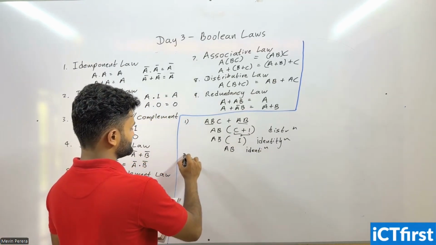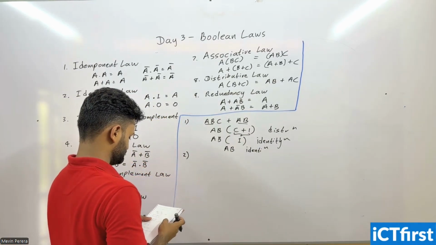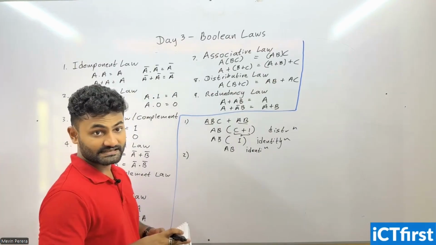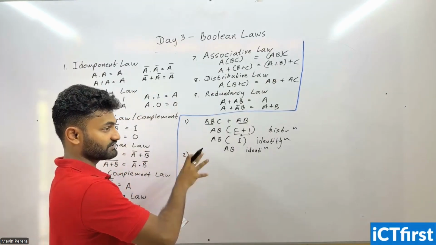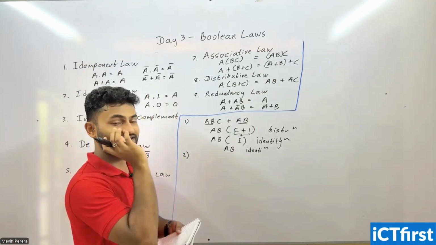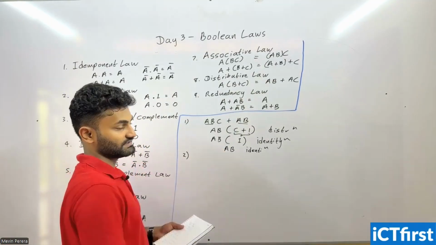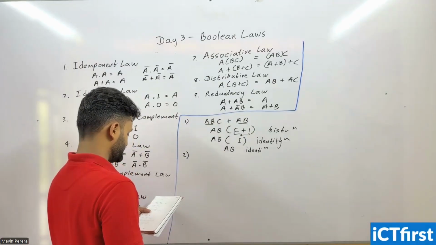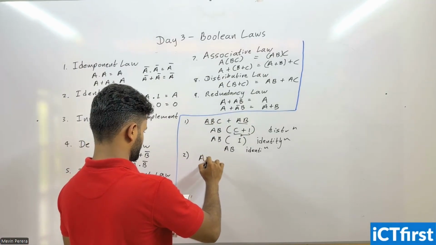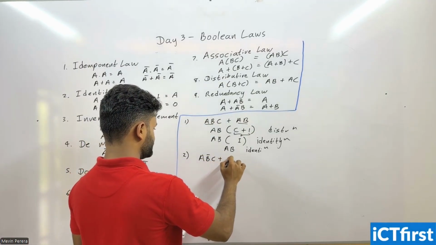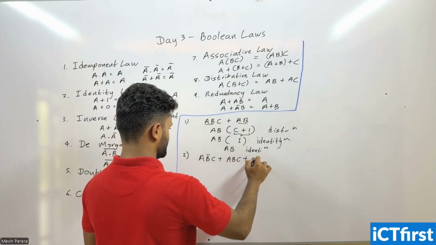Okay, then the second one. Check whether your answer is correct. As I said, write the question down and then pause the video, do the question, and check whether your answer is correct. Also check the steps as well.